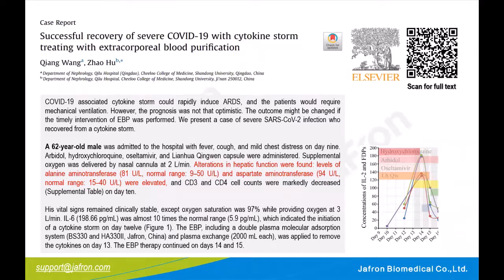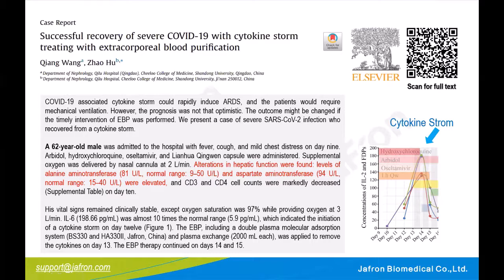So in this case, even though the patient was just with mild hepatic dysfunction, he was diagnosed with COVID-19. So at the same time, the patient was observed with the increase of different kinds of cytokines, and it seems that the patient's cytokine level was increased and reached a point called the cytokine storm.